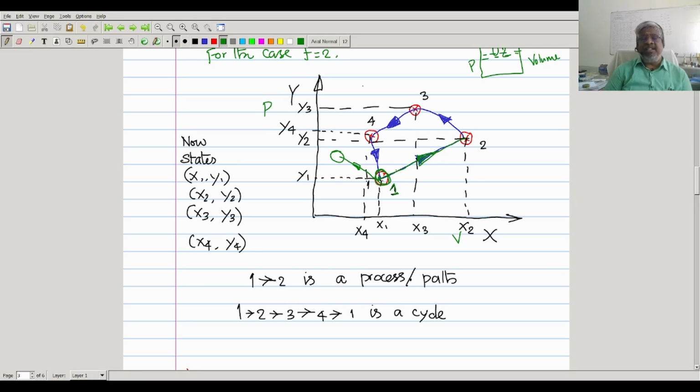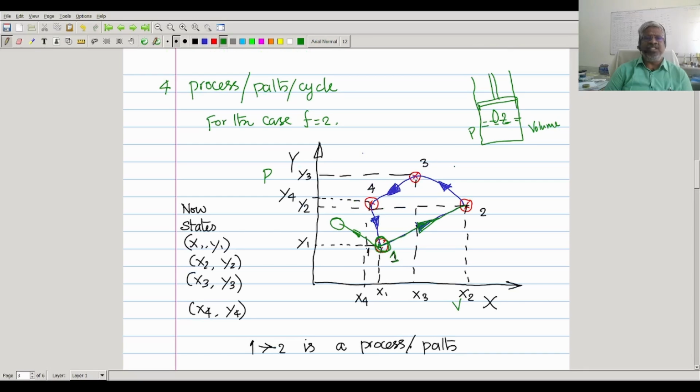That we call a quasi-static process. I will explain that quasi-static process in my future lecture. At present, I don't want to confuse you. You understand, this is what a process is, this is what a cycle is, process or path. And if more than one process put together makes a system move from state 1 and also end at 1, that is called a cycle.